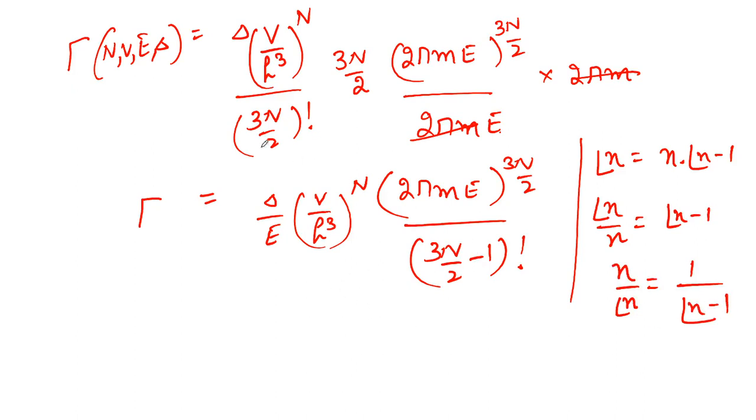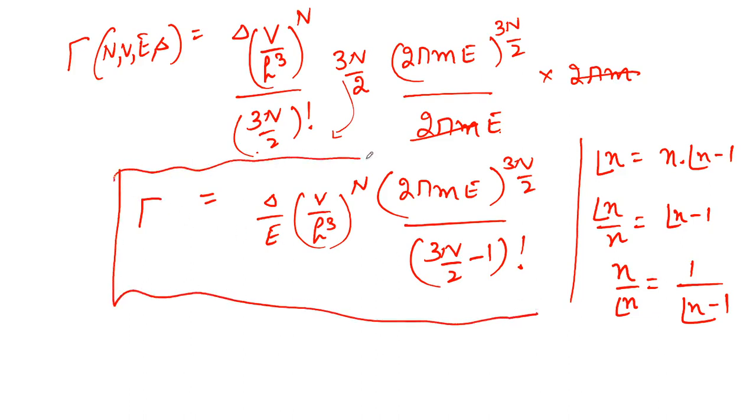So similarly, when this 3n by 2 goes in the denominator, we can write this as the gamma function of 3n by 2 minus 1. So this is our new microstate, for this microcanonical ensemble, which is dependent upon these 4 parameters N, V, E and delta.